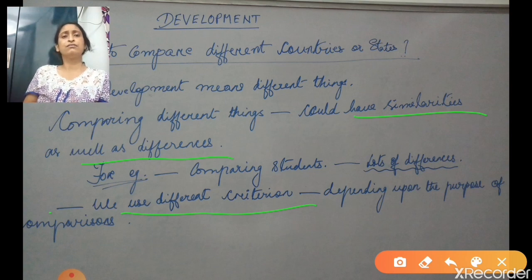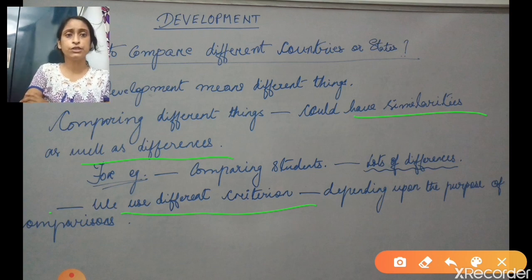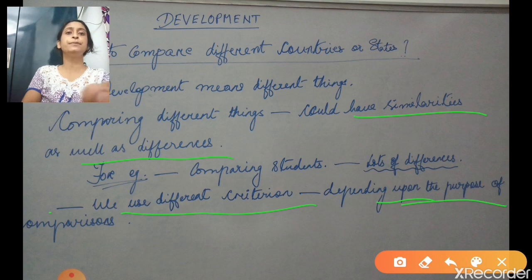So you see, when we are comparing different things, from time to time we need to use different criteria. And why are we using different criteria? Because it depends upon the purpose of comparison. Why are we making the comparison? Here I am comparing among the students because I have to select a football team.